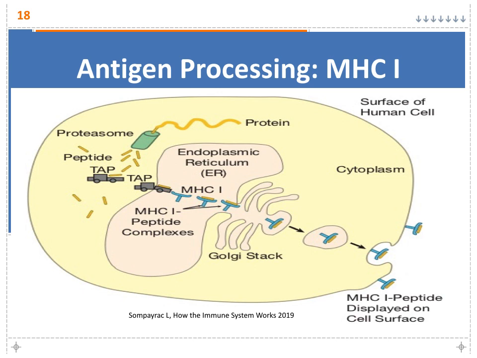So the MHC1 plus peptide can be displayed eventually on the cell surface. And these peptides are coming from the intracellular pathogen like a virus. This can then be presented to a T lymphocyte.